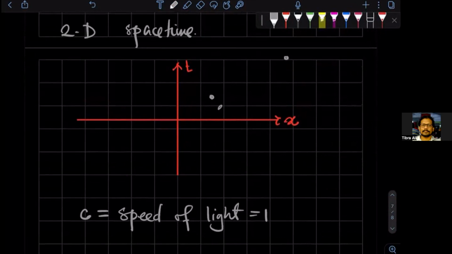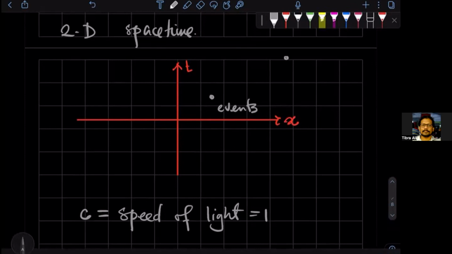These are called events. Why are they called events? Because they are both points in space and time. Okay, these are events. So suppose event number 1 is x1 mu. By x1 mu, I mean (t1, x1). So the mu is telling me whether it's x0 or x1, the 0th component or the first component.